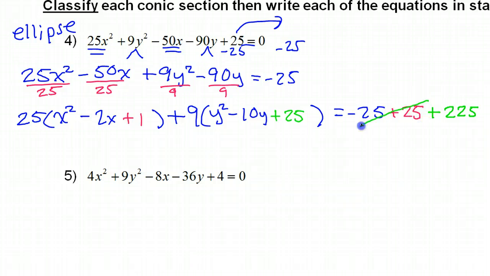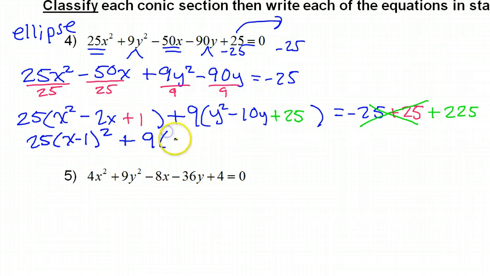Okay? So you'll notice that these are going to cancel out. All right? So that is going to give me 25 times x minus 1 squared, plus 9 times y minus 5 squared is equal to 225.